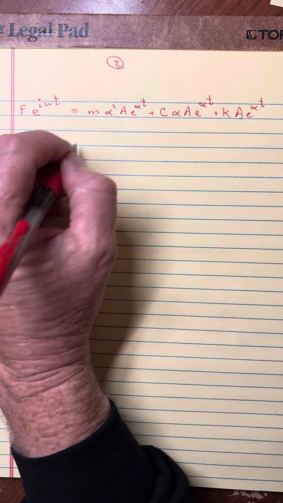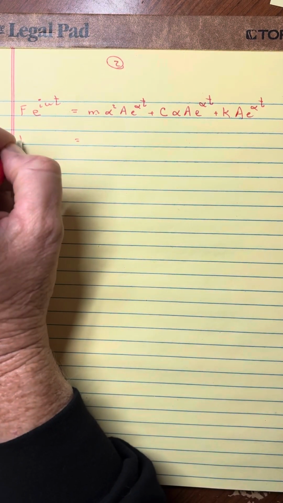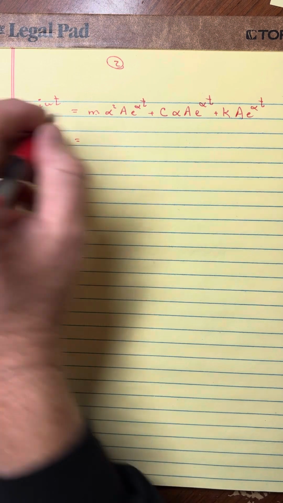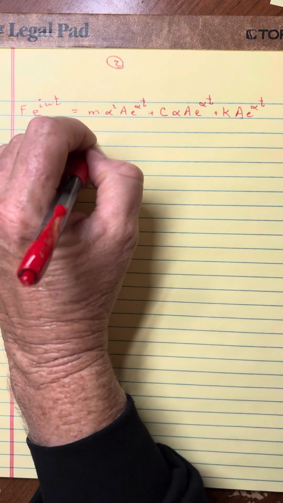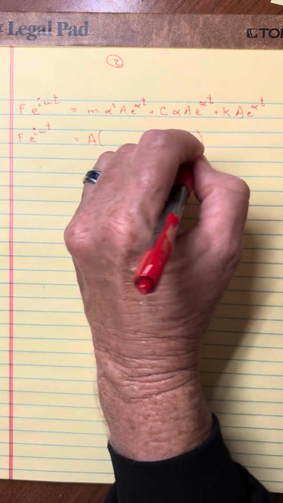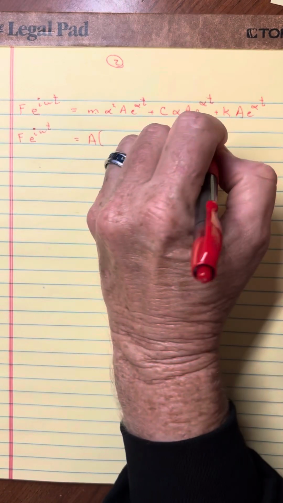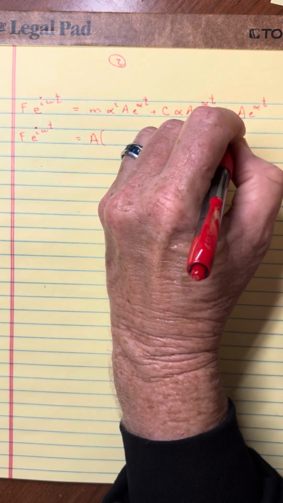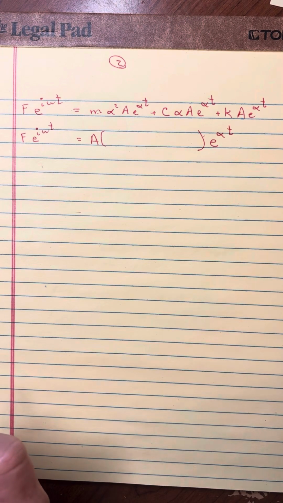And so now you can begin to see a solution come out of this. If you look at all three terms, we have an a in it. And also all three terms have an e to the alpha t.